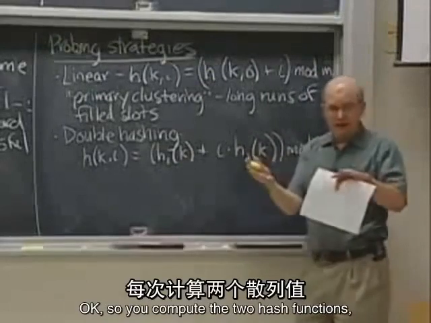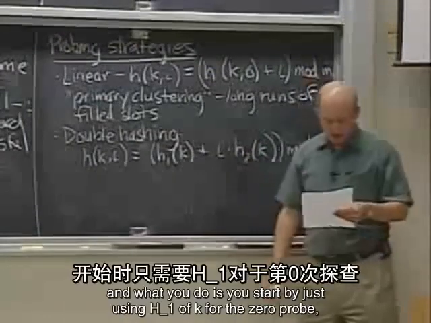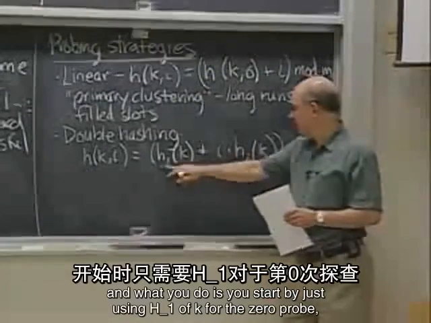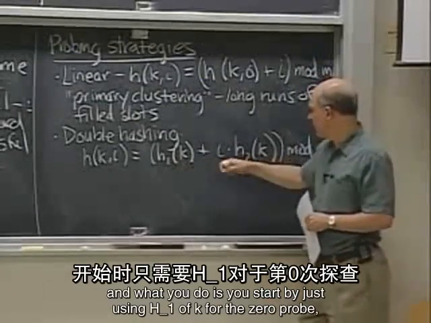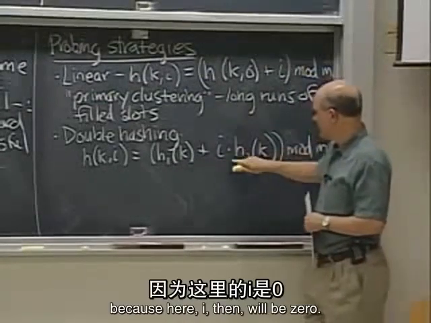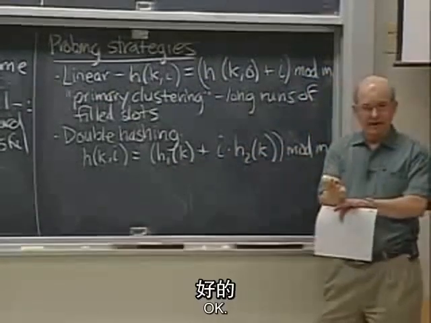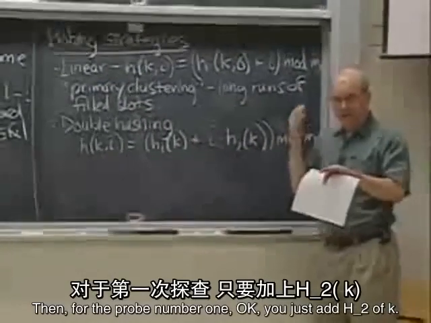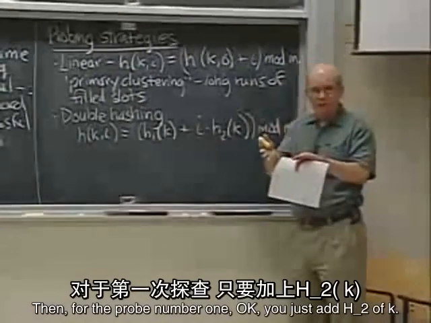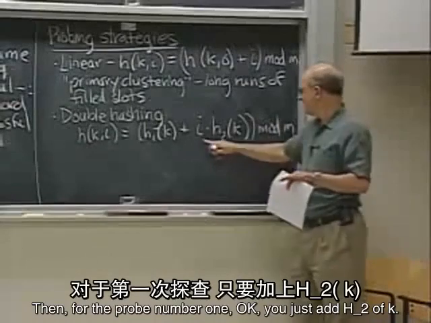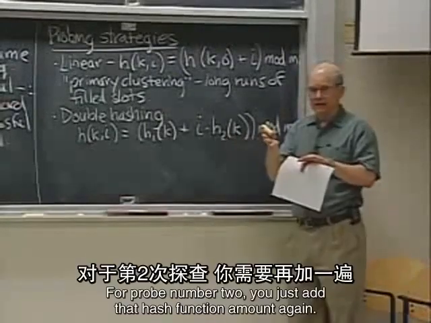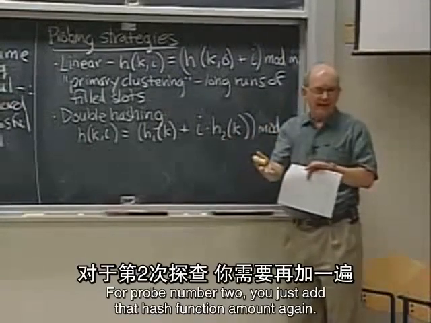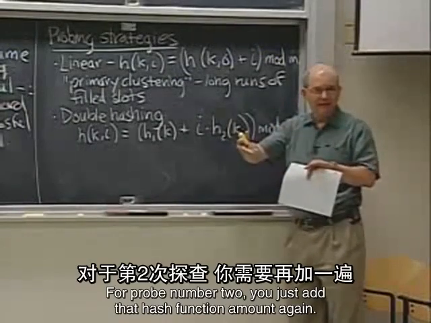You compute the two hash functions, and you start by just using h1(k) for the 0th probe, because i is then 0. For probe number 1, you just add h2(k). For probe number 2, you add that amount again.